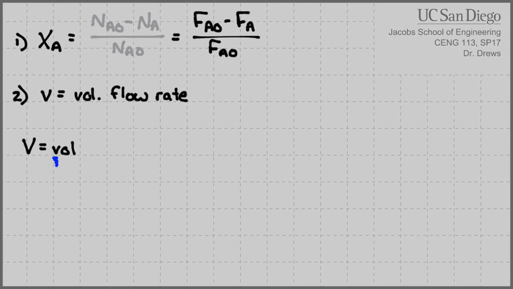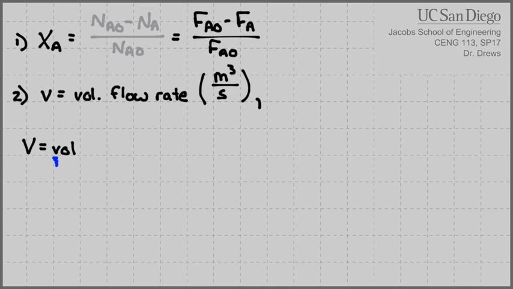If you see one of my v's and you can't tell whether that v is a capital V or a lowercase v, go by the context. You'll never see a lowercase v for a batch reactor, and you'll never see an uppercase V for a flow reactor. Volumetric flow rates will look something like cubic meters per second, or liters per hour, or some sort of volume per time.